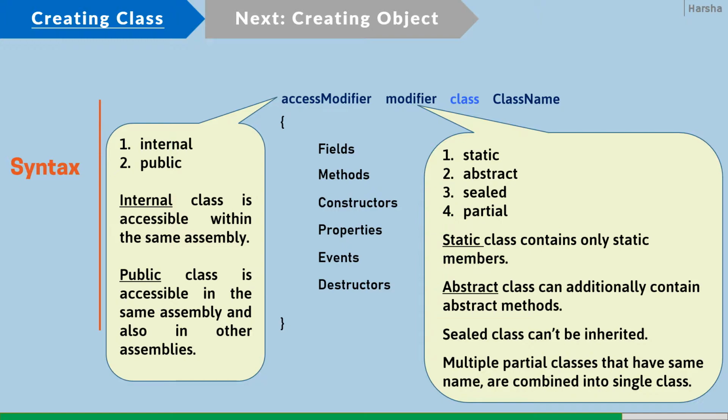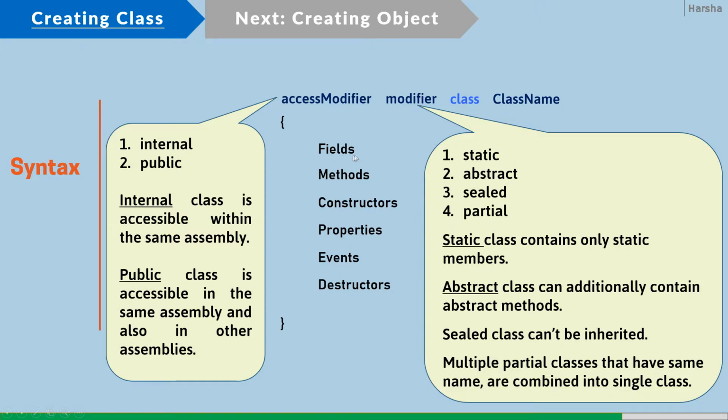This is the complete syntax of creating a class in C#. So if you don't specify any access modifier, it is by default taken as internal, but there is no default modifier because all these 4 modifiers are optional. And then you will give the class name followed by all the members of the class such as fields, methods, properties, etc.